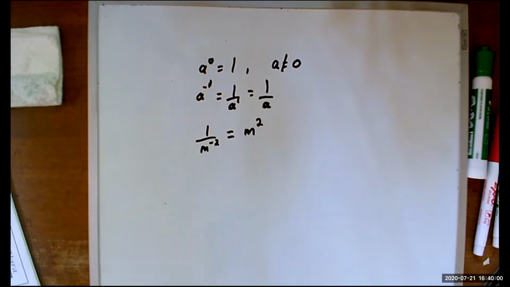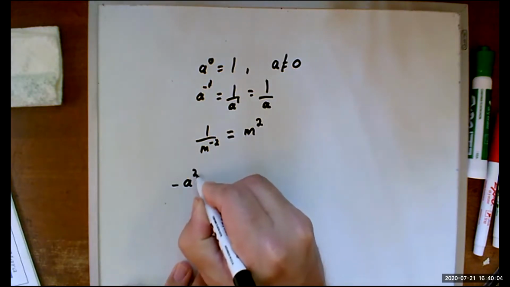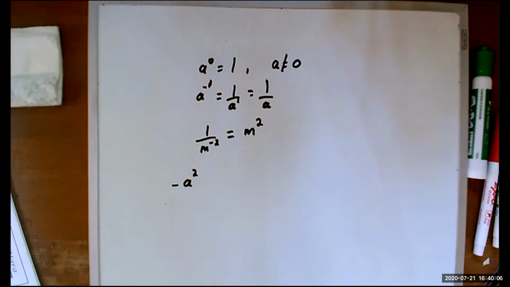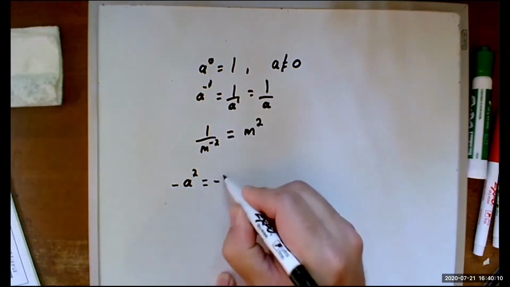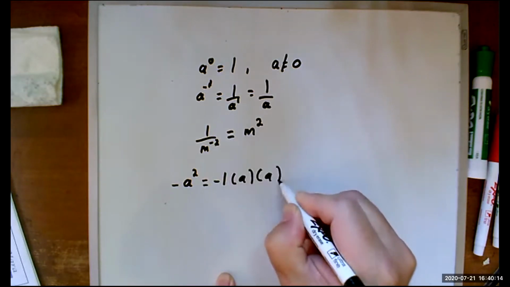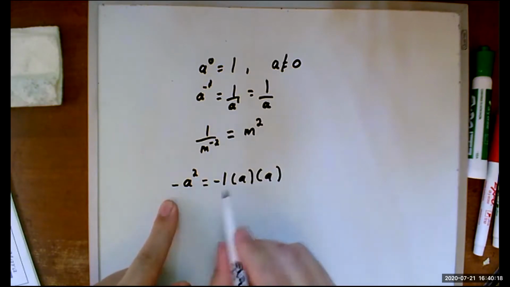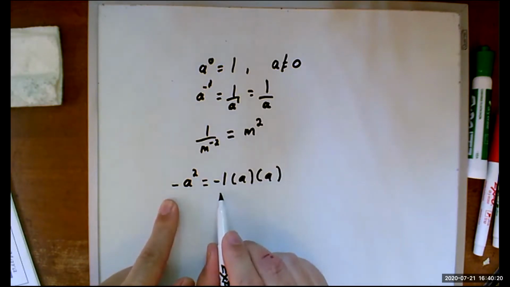The next part I want to deal with in terms of negatives is taking note of where the negative falls in relation to your base. If you see something like this, you want to break it out into all of its pieces. The a squared part is a times a, but that negative implies that we have a -1 out front of the whole thing.